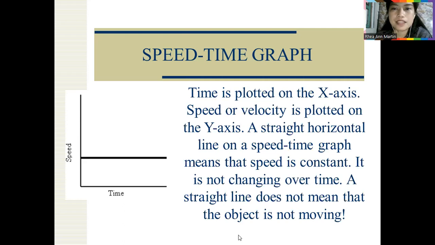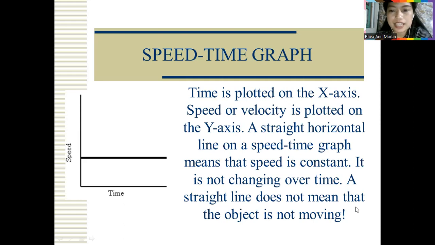So time is plotted on the x-axis. Speed or velocity is plotted on the y-axis. A straight horizontal line on the speed time graph means the speed is constant, right? Oh, diba? Remains the same, constant. It is not changing over time.